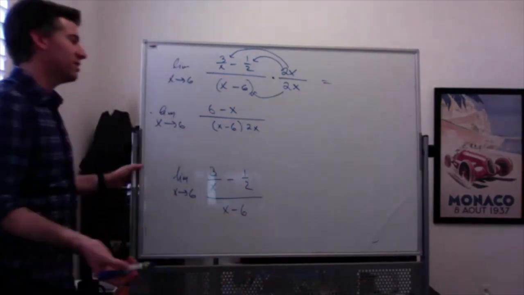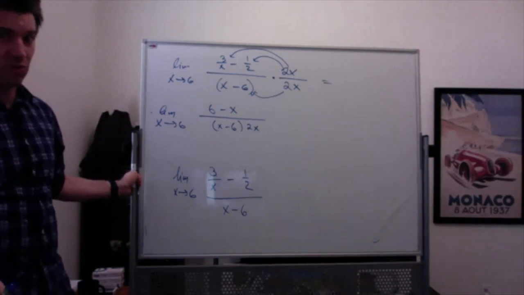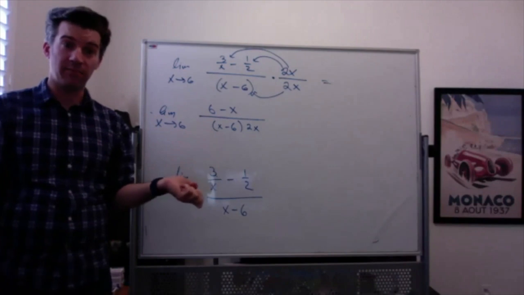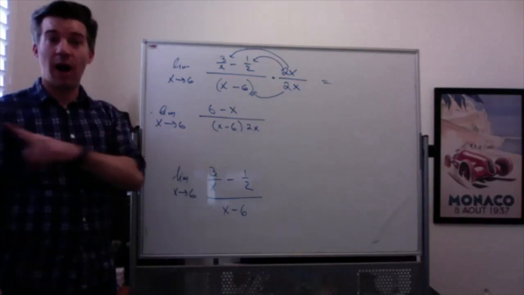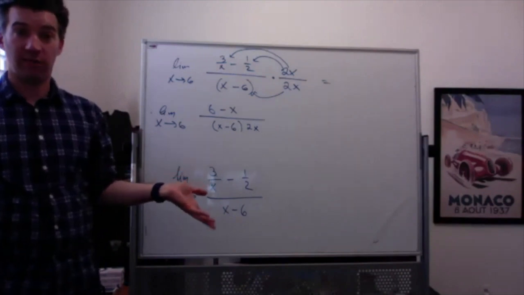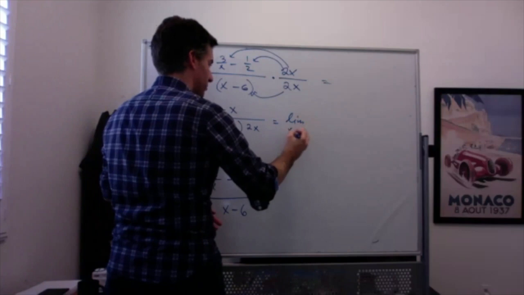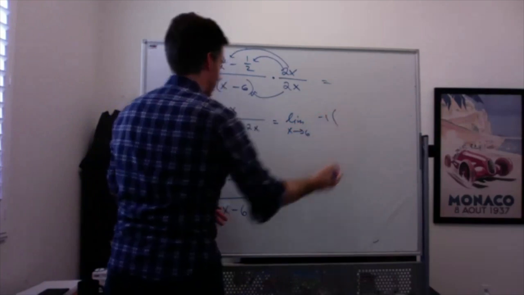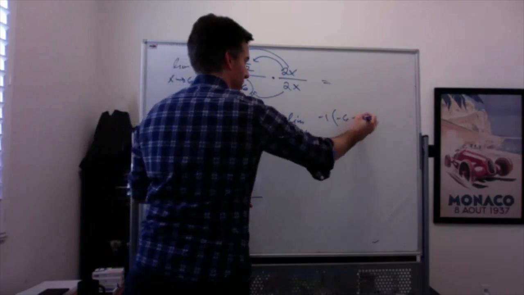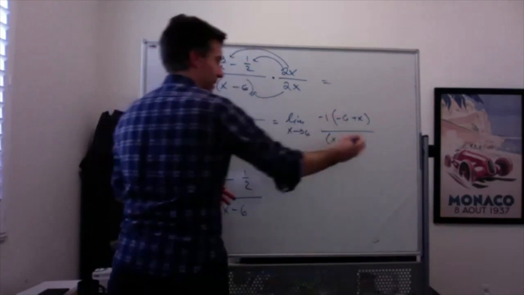Oftentimes at this point, people just want to cancel things, but they don't quite cancel. 6 minus x and x minus 6 aren't the same. They are, however, opposites of each other. So you could either factor out a -1 and say, okay, -1 times, I'm left with a -6 plus x, and that is the same as x minus 6.